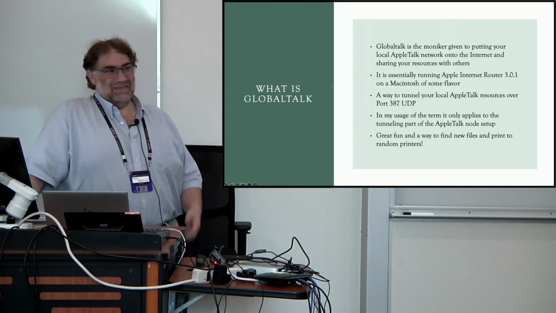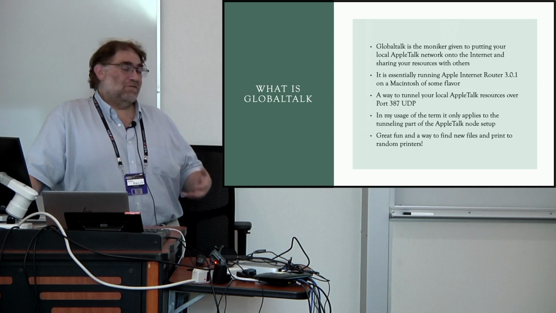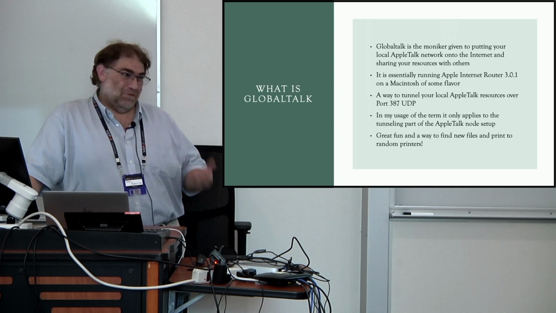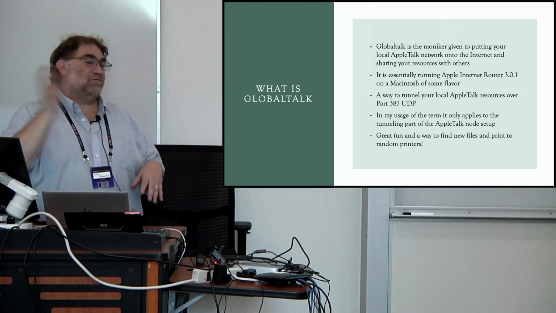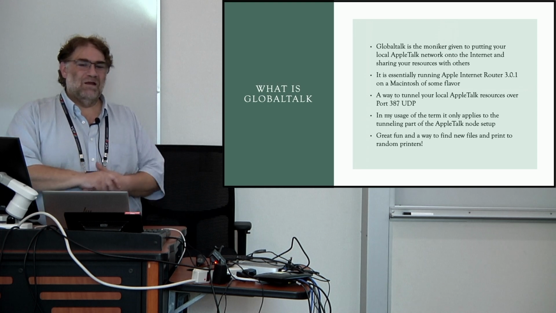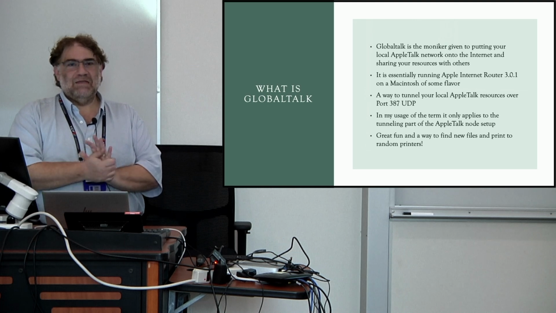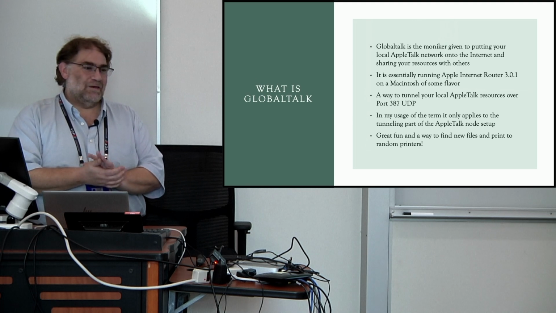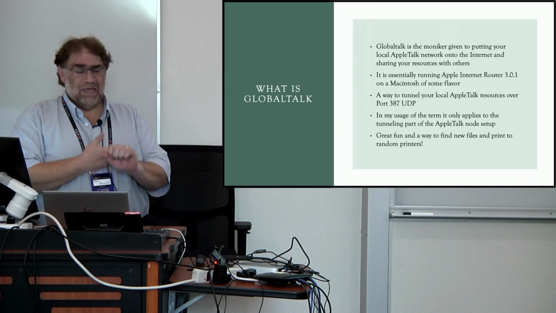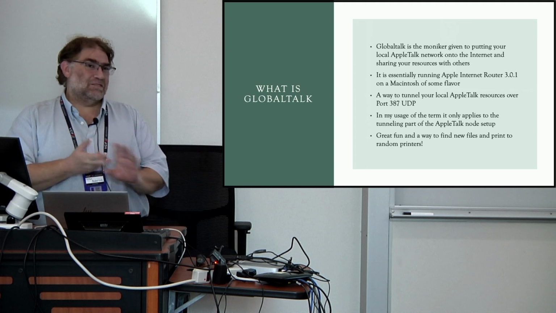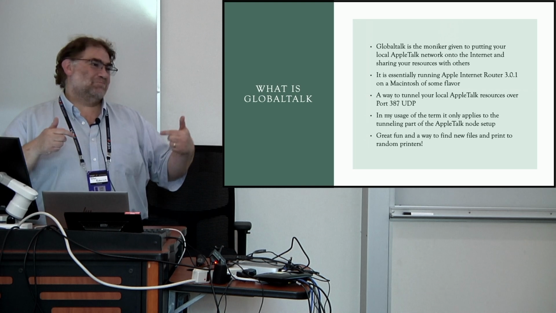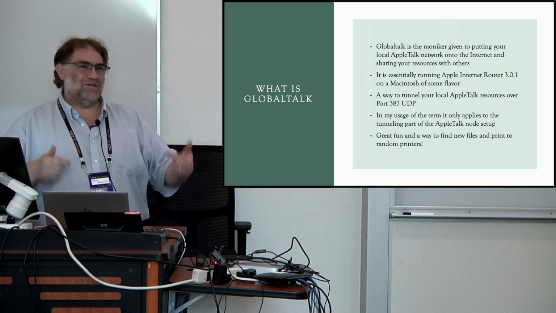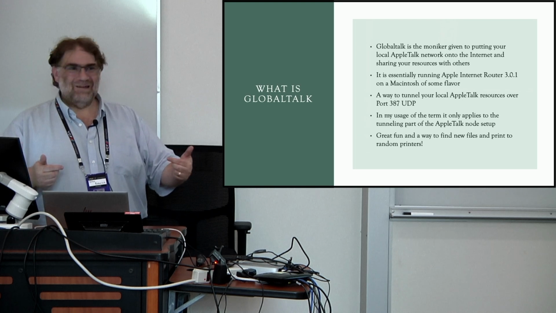Basically, the software itself is just doing a UDP port 387 tunnel across multiple endpoints that you're defining within the software. It was a technique also used with the Cayman Systems GatorBox series, where you could tunnel to tunnel across your boxes, but that's basically only across that particular hardware.